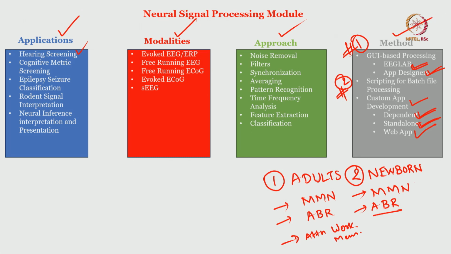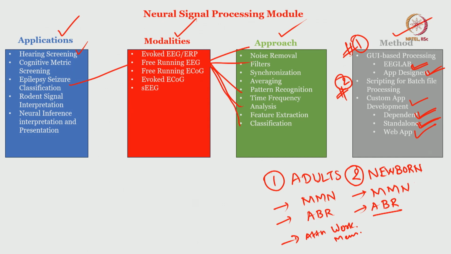All possible combinations means we can do epilepsy seizure classification, let's say using free running EEG. In that case we have to use noise removal techniques, filters. We have to identify some patterns as well, do some time frequency analysis, and do the classification also.